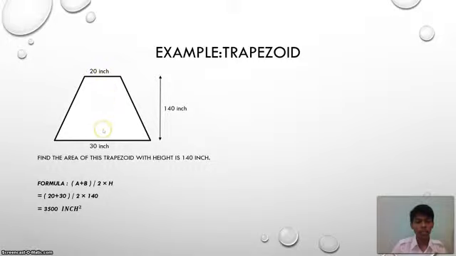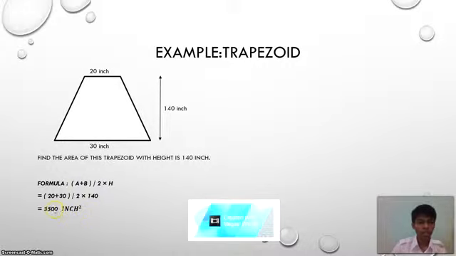We must add these two lengths and divide it by 2. Then we multiply it by its height, that is 140 inch. As a result, we can get a 3500 inch square of area.